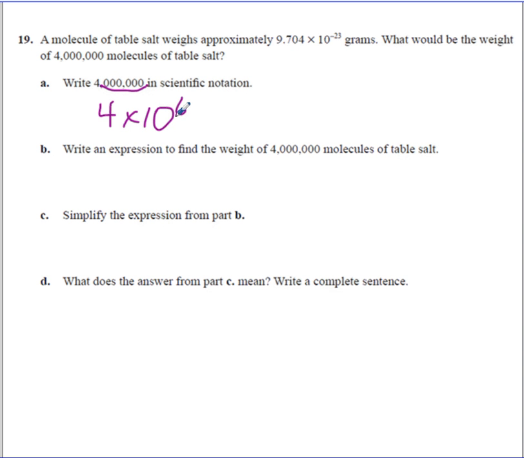And so to find the weight of 4 million molecules, we'll take our 4 million, so 4 times 10 to the 6th power, and multiply it by the weight of 1, which is 9.704 times 10 to the negative 23rd power.